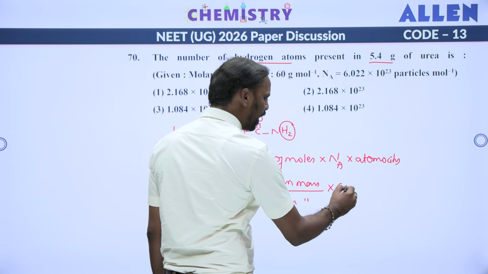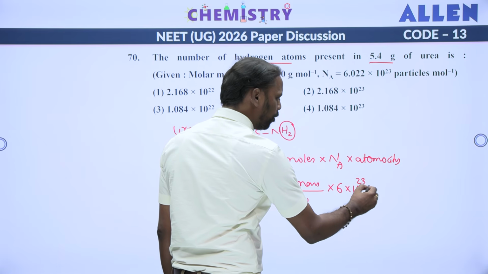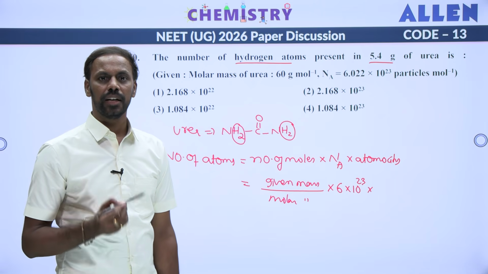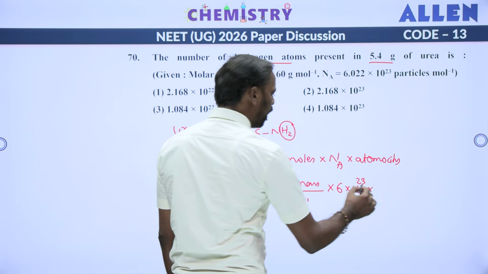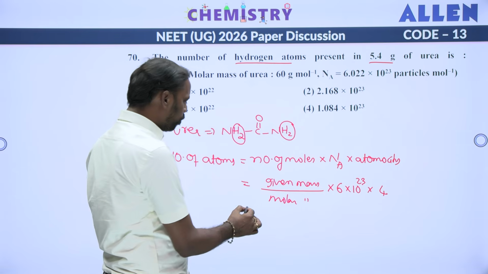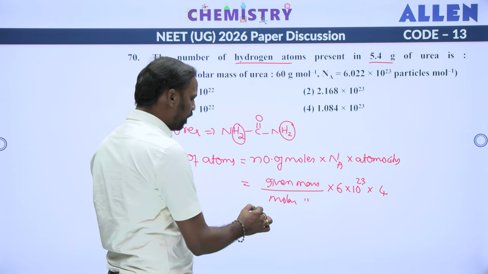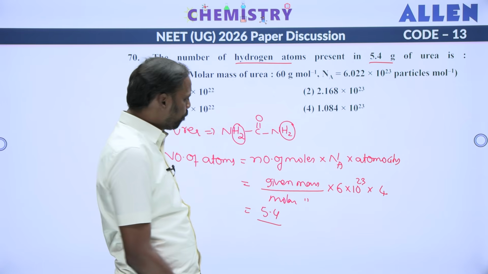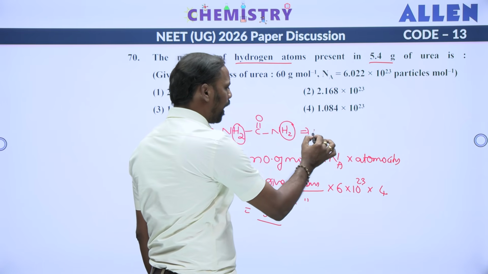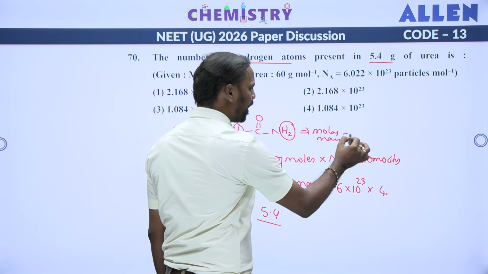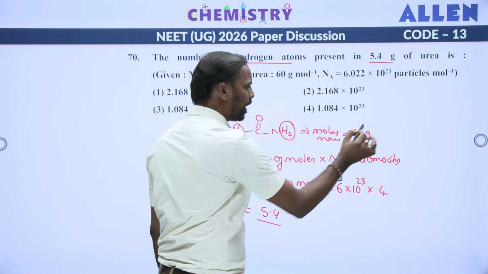So given mass divided by molar mass, into Avogadro number, which approximately I am taking as 6 into 10 to the power of 23, and they are asking us to find hydrogen atoms. In urea, how many hydrogen atoms are present? 4 atoms. What is the mass given in the question? 5.4 grams, divided by the molar mass of urea, which is 60 gram per mole.